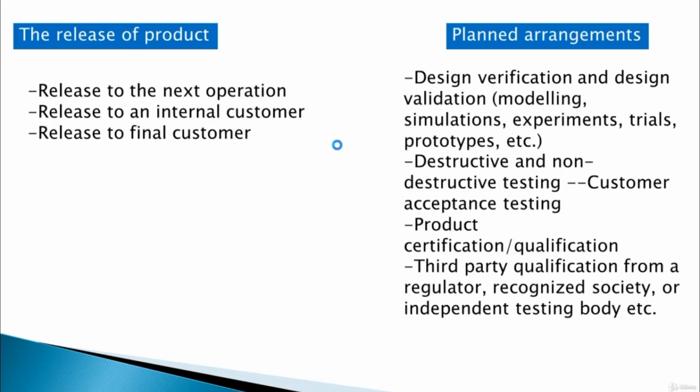Now, the release of products or service delivery must not be completed until planned requirements have been met. When we say planned requirements or arrangement, and we've already talked about this before, we're talking about the design verification and design validation, like modeling, simulations, experiments, trials, prototypes, etc. We're talking about destructive and non-destructive testing, customer acceptance testing.